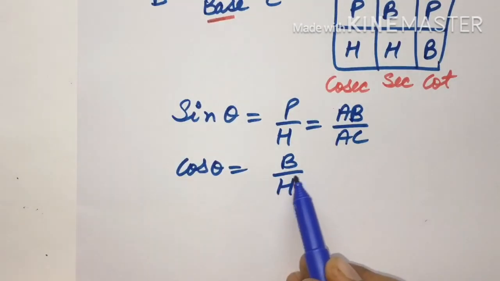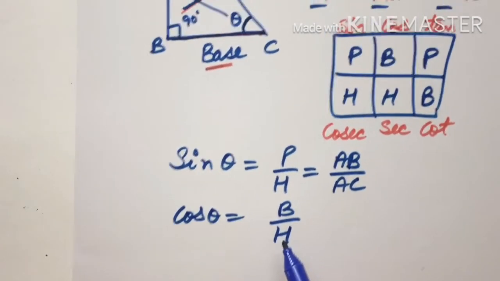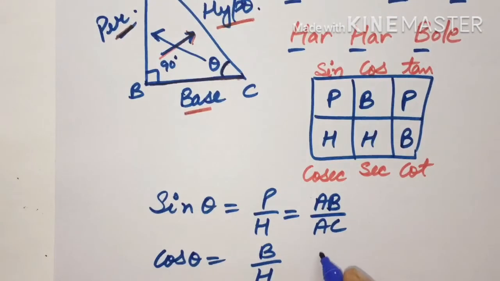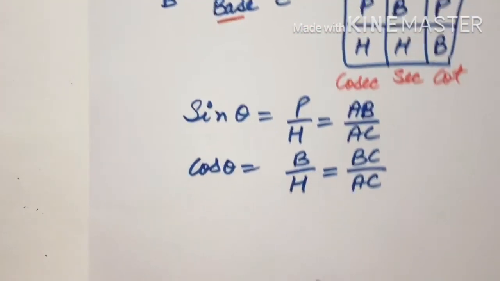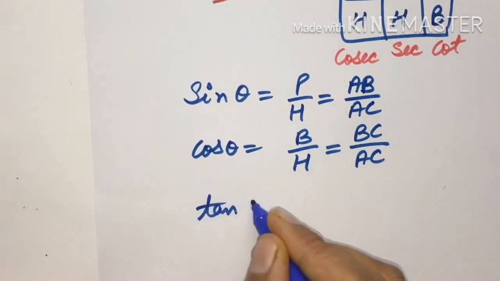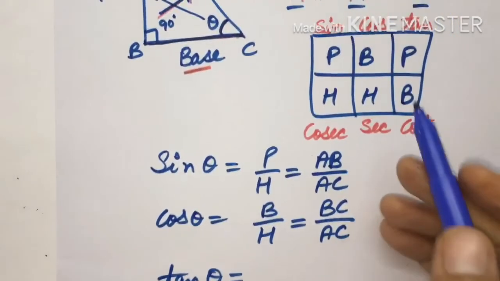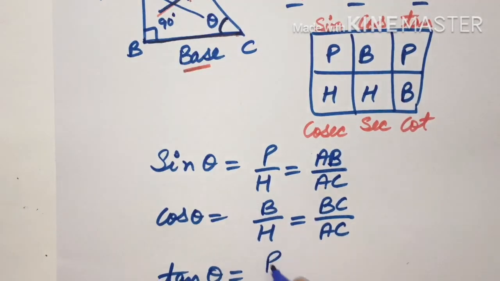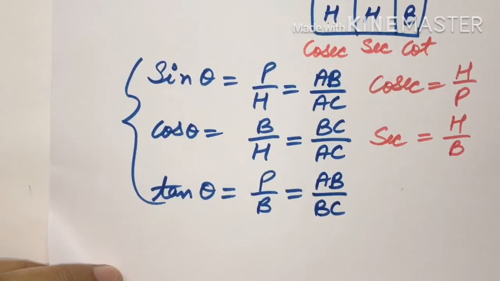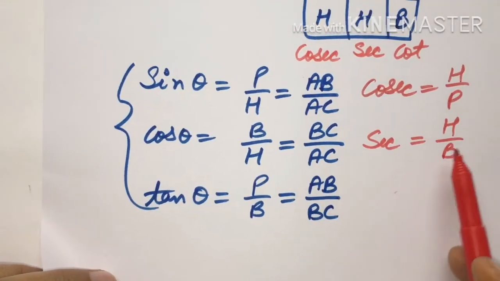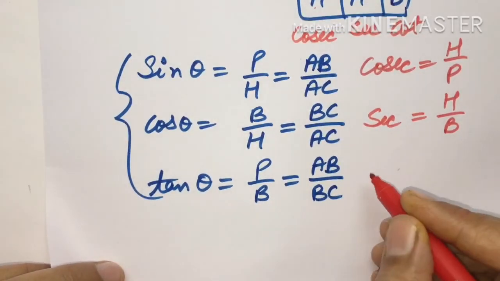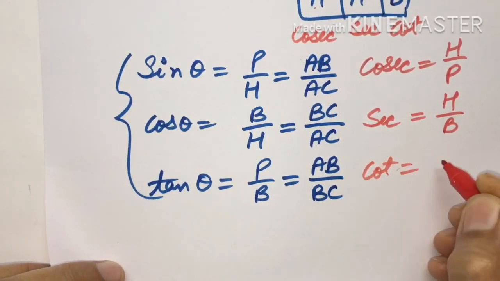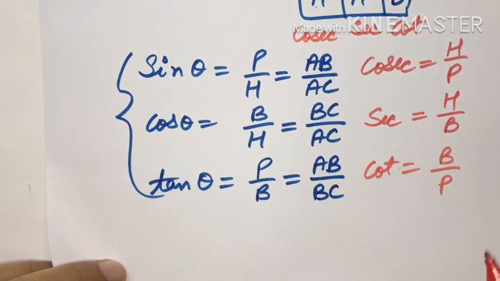Then cos theta is base upon hypotenuse, base is BC and hypotenuse is AC. Now the value of tangent: tangent is perpendicular upon base. The value of secant is hypotenuse upon base, and the value of cot is base upon perpendicular.